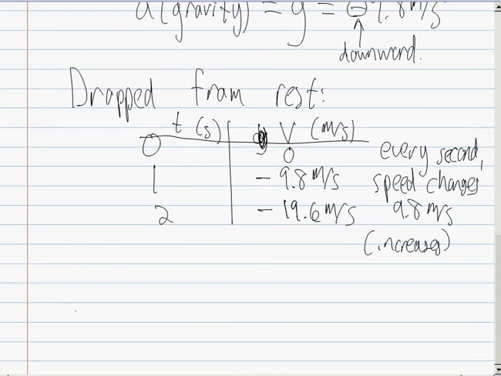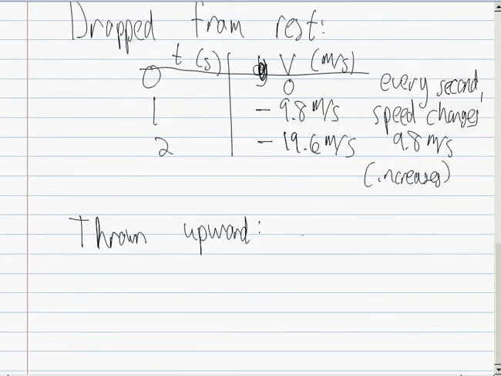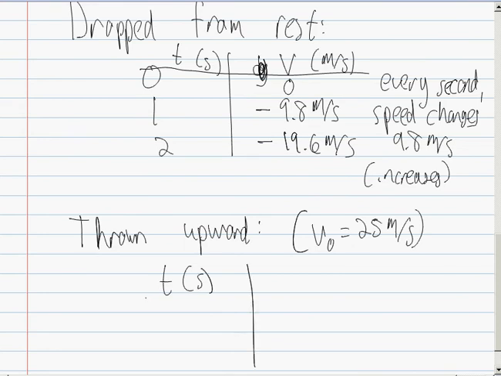Now, if something is thrown upward, it becomes more complicated. We're going to say the initial speed is 25 meters per second. It's still going to change its speed by 9.8 meters per second, but it's going to actually slow down until it reaches 0.